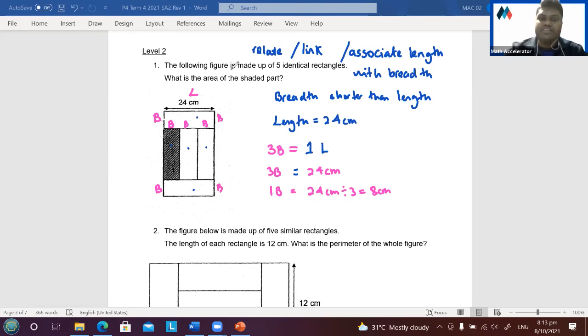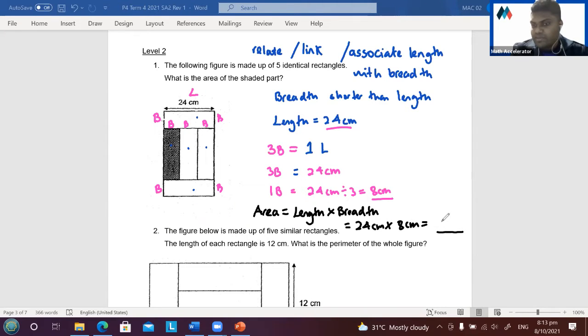All right then. So what is the area of the shaded part? The area of the shaded part is one of the 5 identical rectangles which have a length of 24 cm and a breadth of 8 cm. So what is the area? Write down area equals length times breadth, which equals 24 cm times 8 cm. Go and find out the answer.